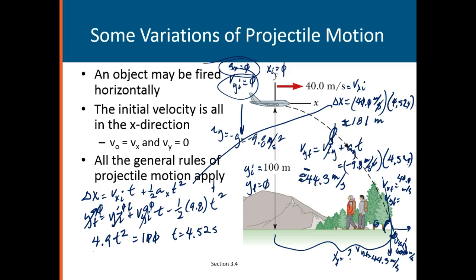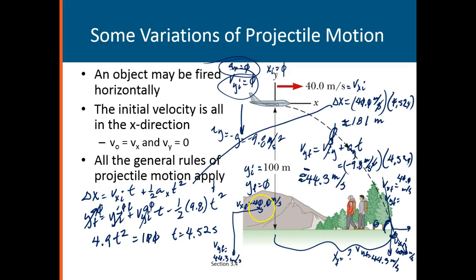Since that's so crowded over there, let me extend this here. V sub x final equals 40.0 meters per second. V sub y final is equal to 44.3 meters per second.